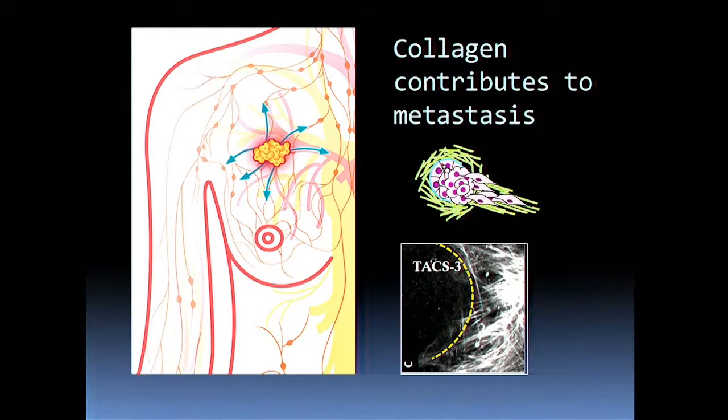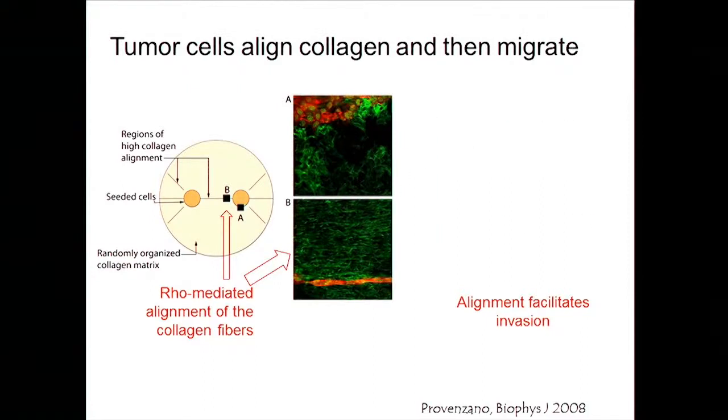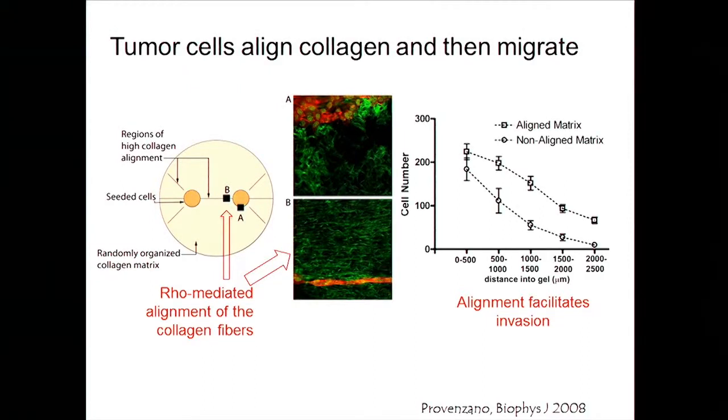All right, so what I've just told you is that collagen contributes to metastasis. So you get a lesion in the breast, it spreads, and it does so by walking out along the collagen fibers. So how does that occur? One of the things we can do, this is just a diagram of the experimental setup, is take a collagen gel, and this one's a compliant collagen gel.